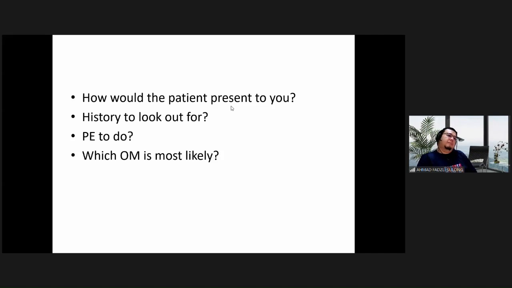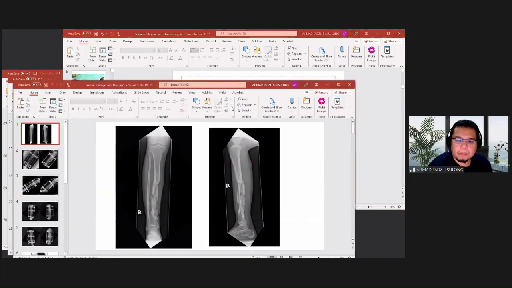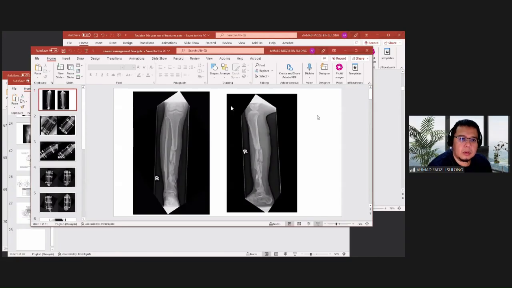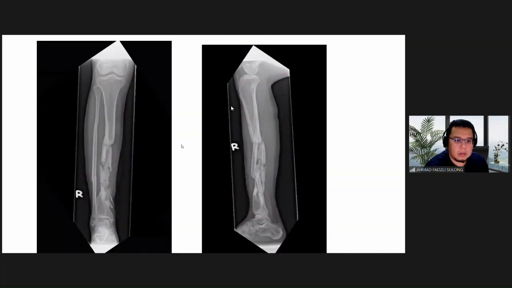Let me give you an example of a patient that we've done. This is an old patient that we've seen. You see?